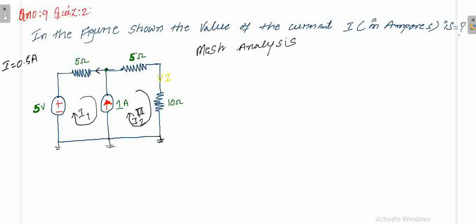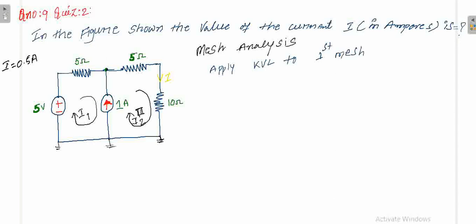In this branch, this is the independent branch, this is a common branch, this is the independent branch. In the independent branch, the mesh current flows. So let us apply KVL to the first mesh.